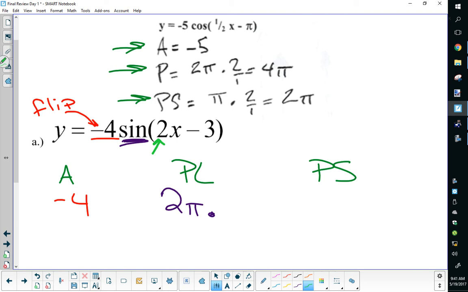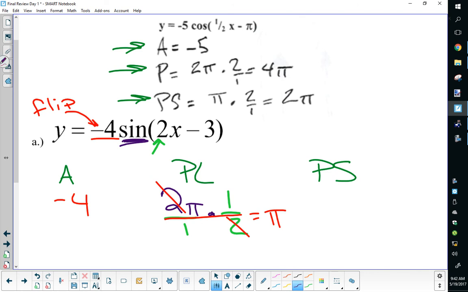If I'm multiplying by the reciprocal of 2, what am I really multiplying by? 1/2. So 2 pi over 1, times 1/2. We are multiplying straight across. So what can I do? Yep, reduce 2 and 2. It's just pi.